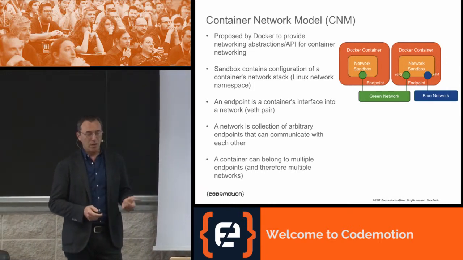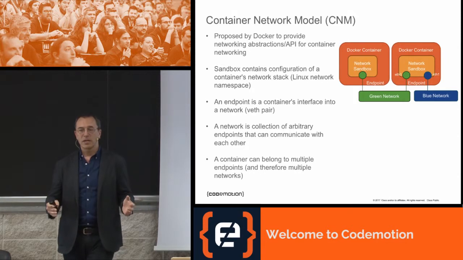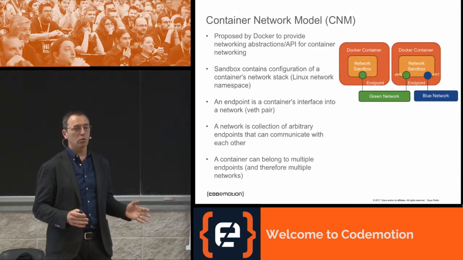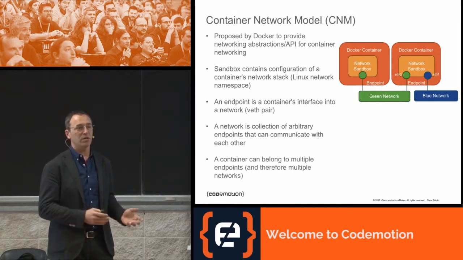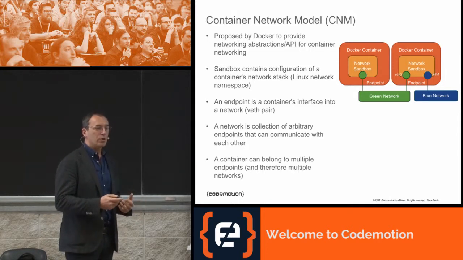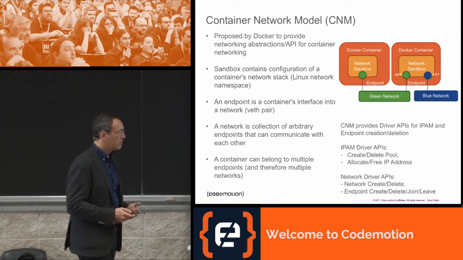So a network is essentially a set of endpoints that can communicate. Some solutions do that very well on a single host. You start having troubles if you have a cluster of different hosts in the same data center or in separate data centers. So managing containers networking at scale is difficult.